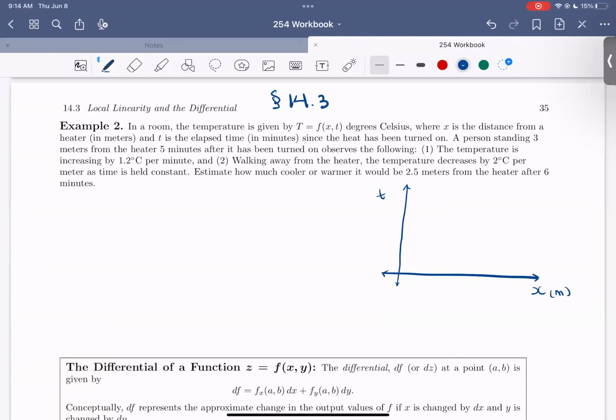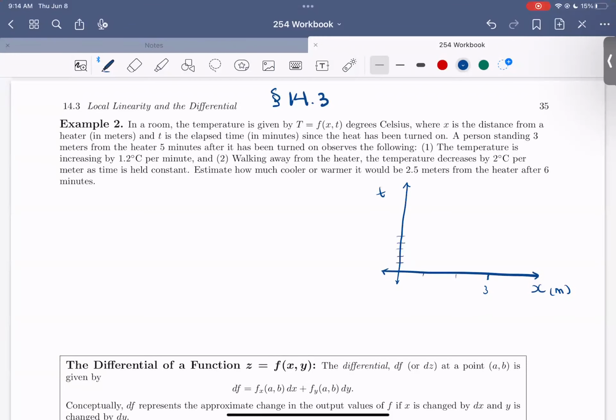Okay, so what we're considering is someone who's 3 meters away, so maybe 3 is here. And the time that has passed is 5 minutes, so maybe we're here at 5. So this is the point (3, 5). So at this point, 3 meters away, 5 minutes later, there's some temperature of the room.